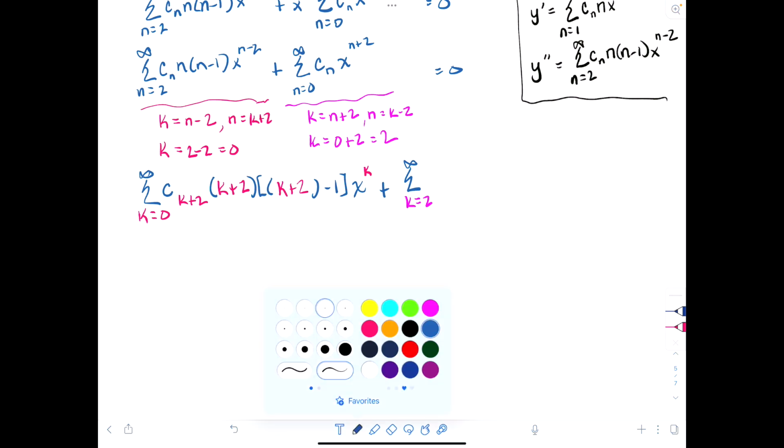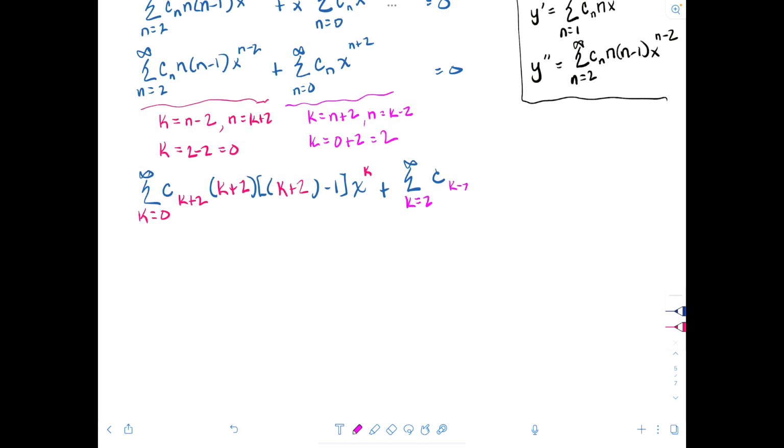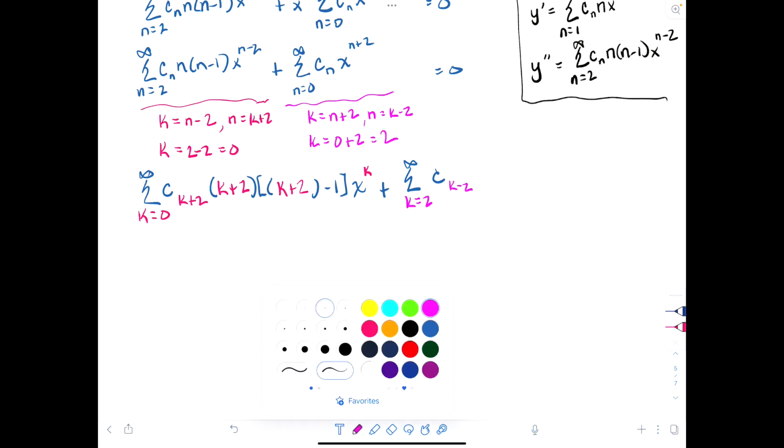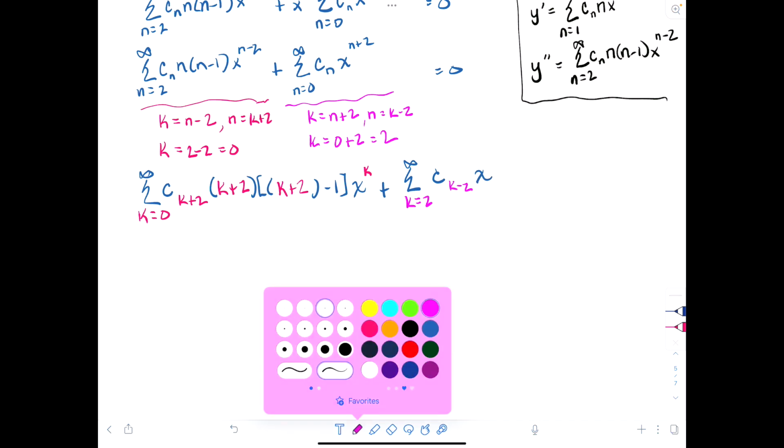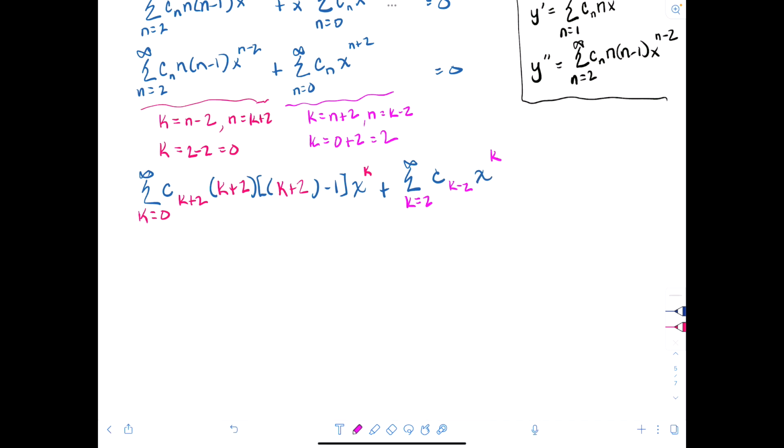We'll have c sub k minus 2, and that's going to be times x to the k. Groovy? All right. So now simplifying, and oh, that's all equal to 0.